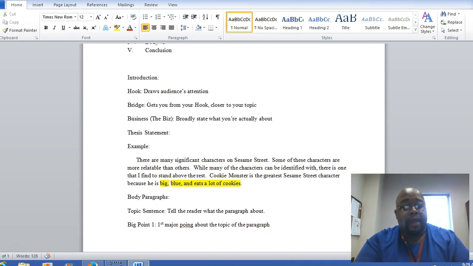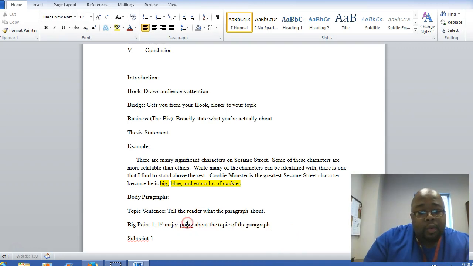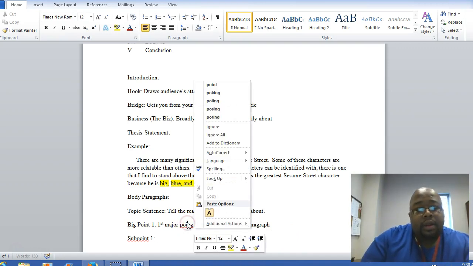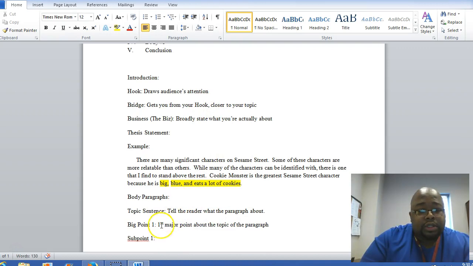All right. After your big point 1, you're going to have sub point 1, which supports the first big point.